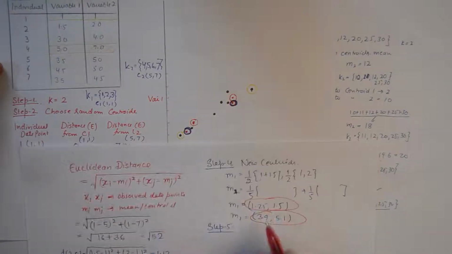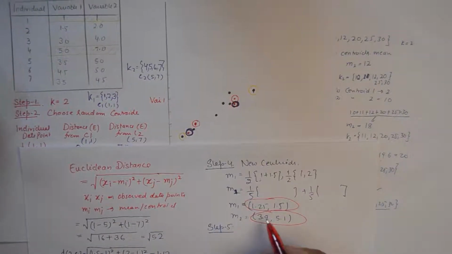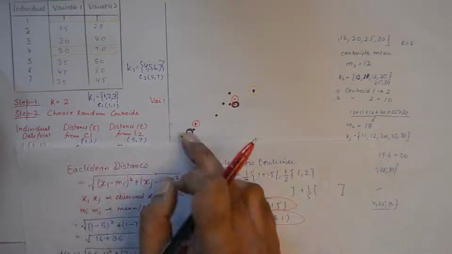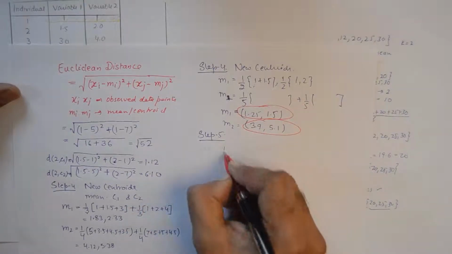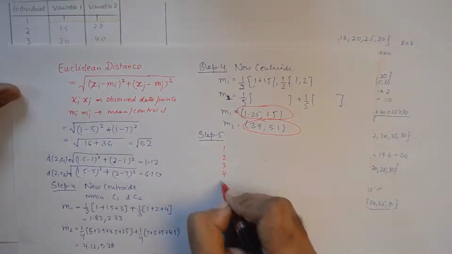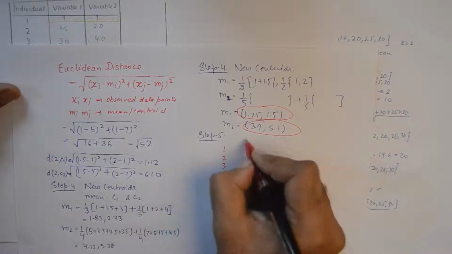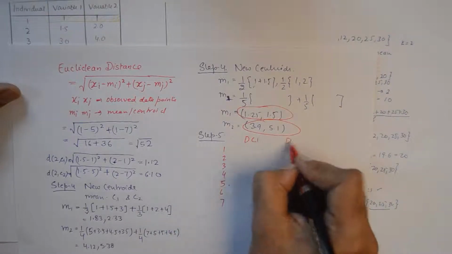And now we need to calculate the Euclidean distance of each individual data point from these new centroids, and it is again going to be 1, 2, 3, 4, 5, 6 and 7, distance from centroid 1, distance from centroid 2.